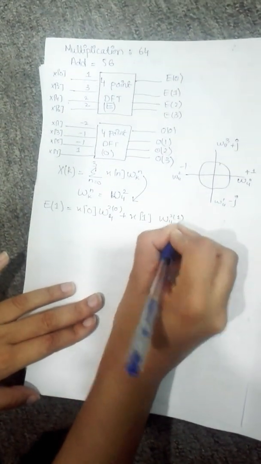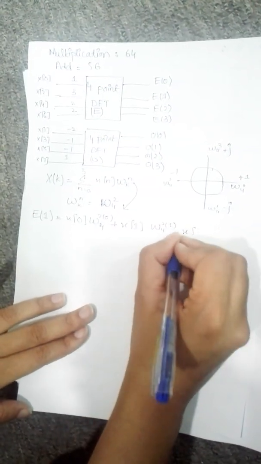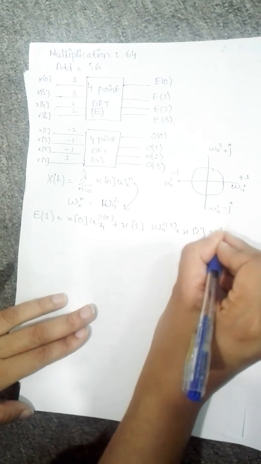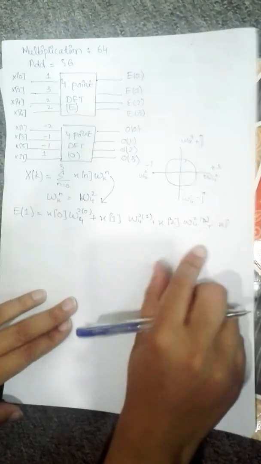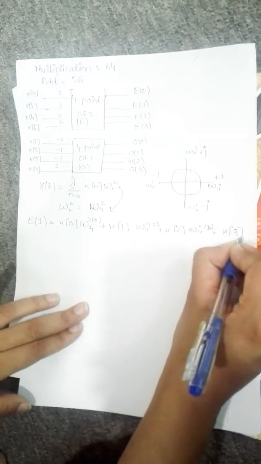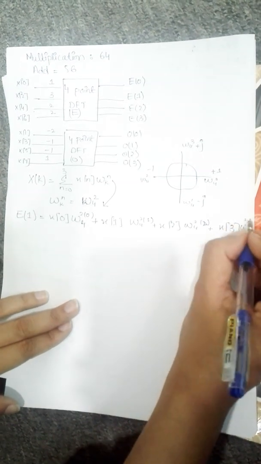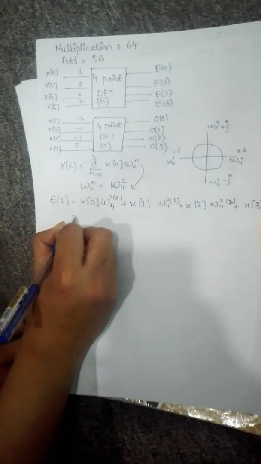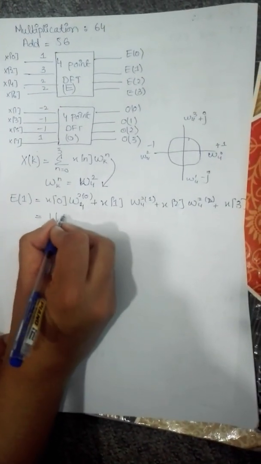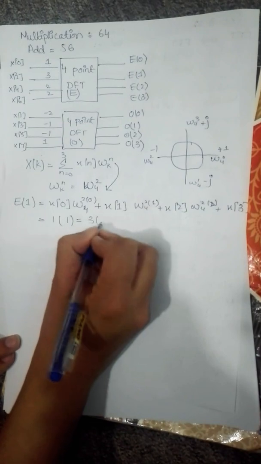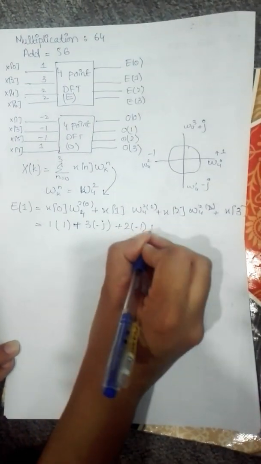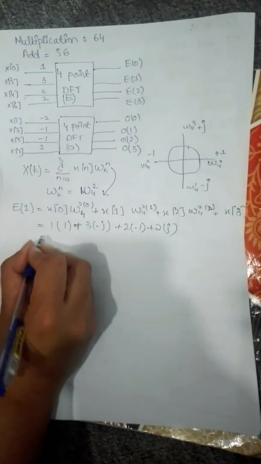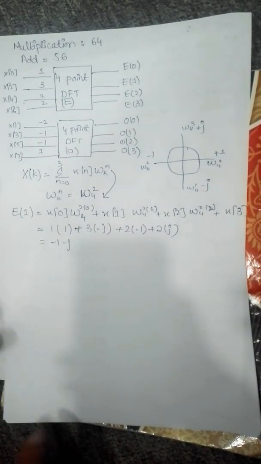W of 4, 1, x of 2, W of 4, 2, plus x of 3, W of 4, 3. And by putting the values we will get 1, x of 0 is 1 and this is 1, 3 into minus j plus 2 into minus 1 plus 2 into j, and it comes out minus 1 minus j.